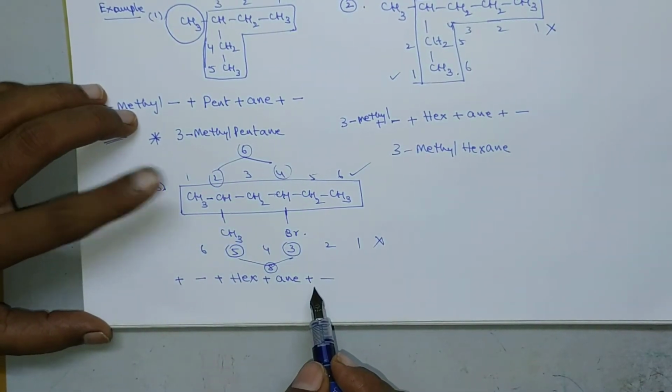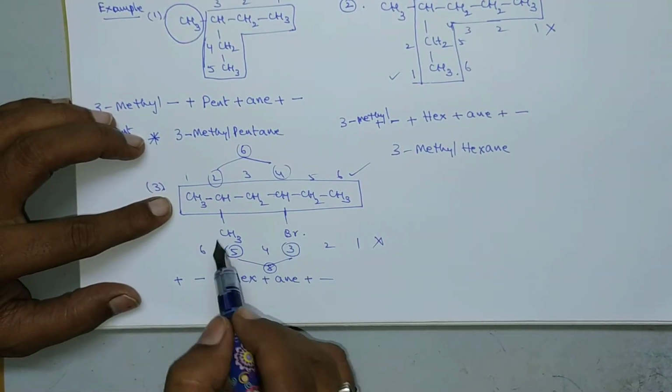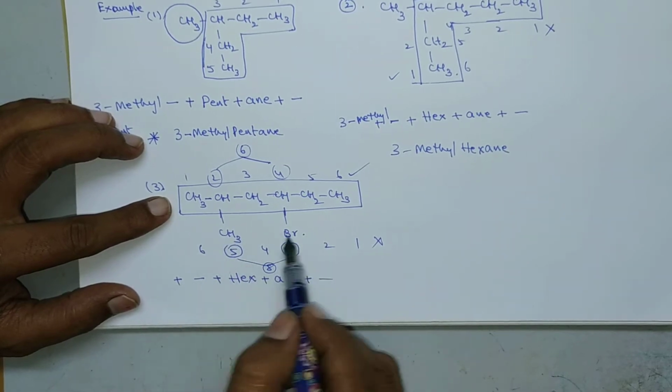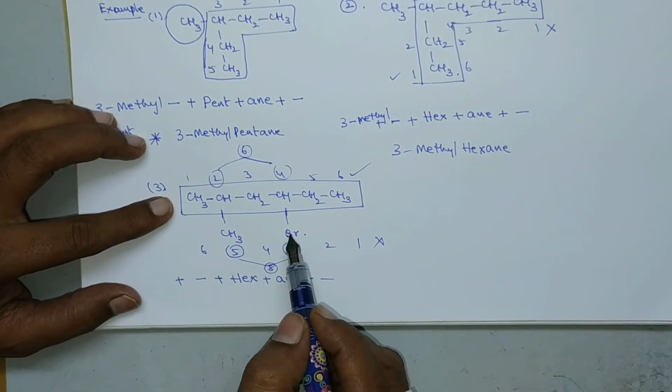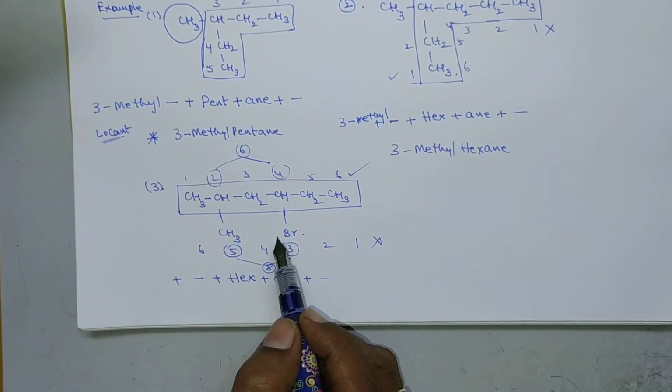Okay. So here is another rule, 2-methyl 4-bromo. Here bromine is there and methyl is there. So we have to write the substitutions in alphabetical order. So while writing 2 or more substitutions, we have to arrange them in alphabetical order.